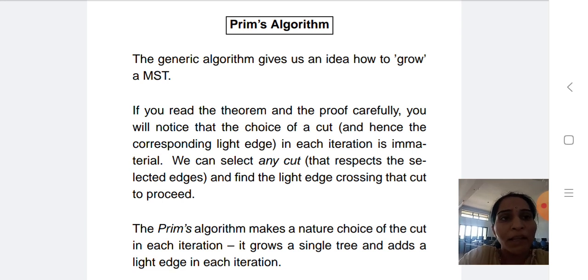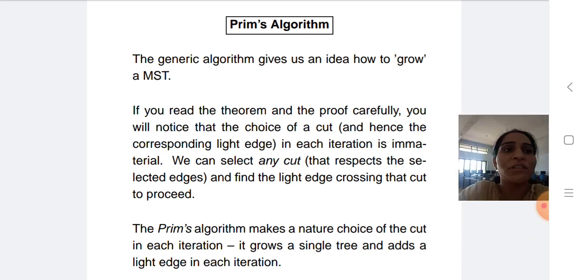We can select any cut that respects the selected edges and find the light edge crossing that cut to proceed. Prim's algorithm makes a natural choice of the cut in each iteration. It grows a single tree and adds a light edge in each iteration.